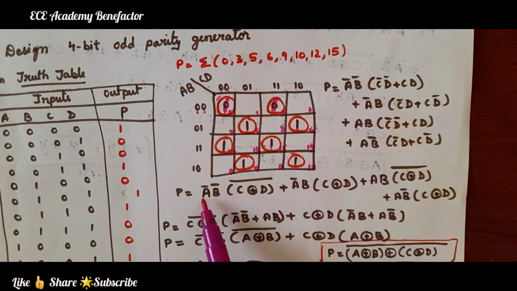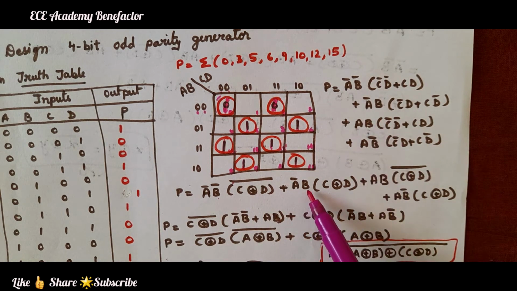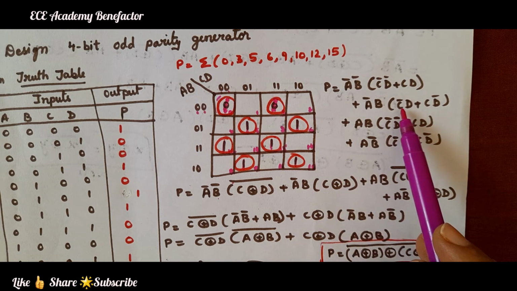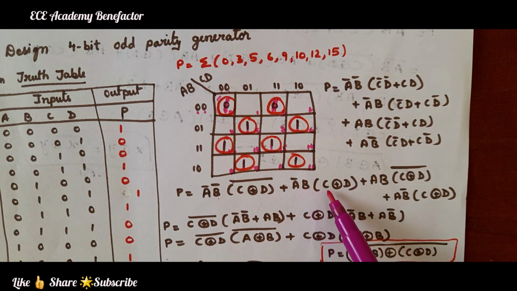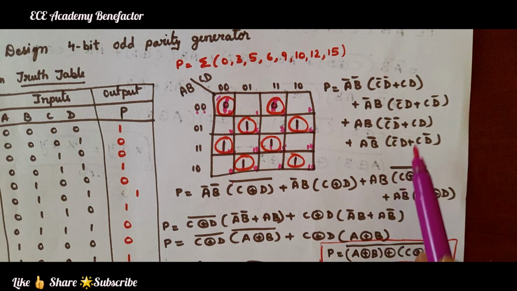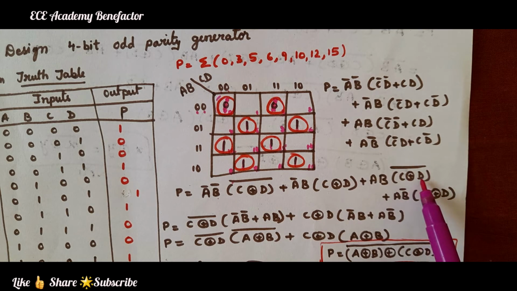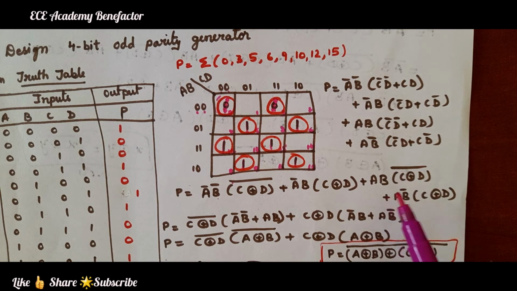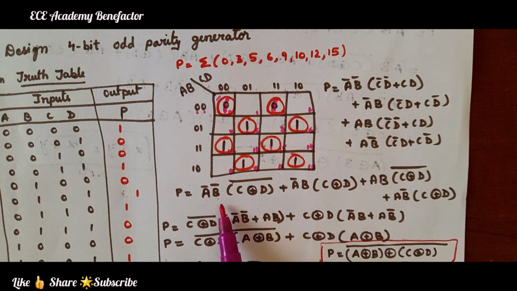So it is written as A bar, B bar dot C XOR D the whole bar plus A bar, B. Next time C bar, D plus C, D bar is C XOR D. A bar, B, C XOR D plus A, B. Now coming to this, it is again XNOR C XOR D the whole bar plus A, B bar, C bar, D plus C, D bar is C XOR D, C XOR D. So we have written the terms in terms of XOR.